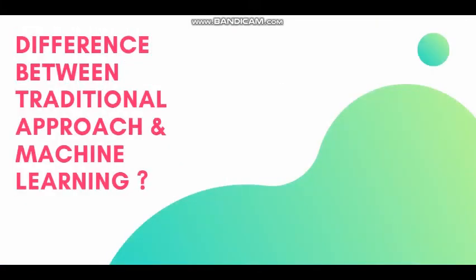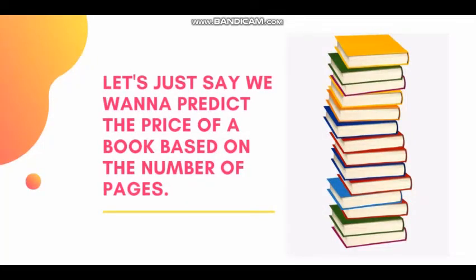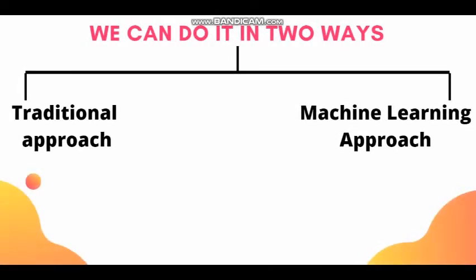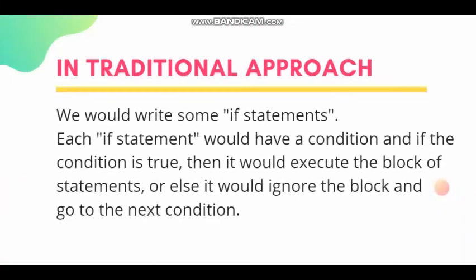So now let's take a look at the difference between traditional approach and machine learning. Let's just say we want to predict the price of a book based on the number of pages. We can do it in 2 ways, one in traditional approach and the other in the machine learning approach. Let's take a look how it would be in traditional approach.